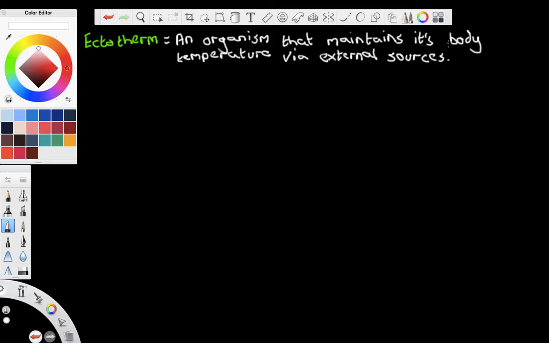Okay? Now, essentially, what we're saying here is that ectotherms require the environment to regulate their body temperature. They have no homeostatic mechanism to do this.